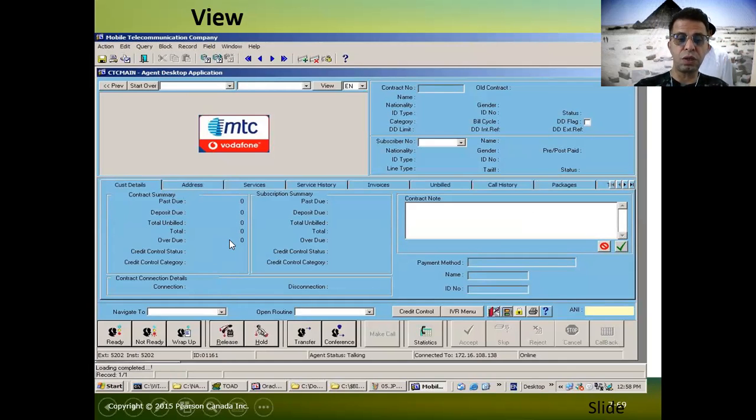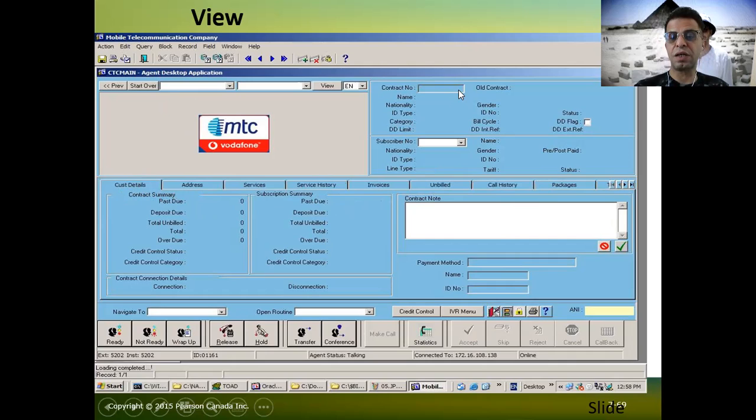And what you see here, you might see something about the customer. You enter the customer, and then you have customer detail, their address, the service history, invoice, unbilled, call history, packages, and you can put more modules, whatever you're looking for.